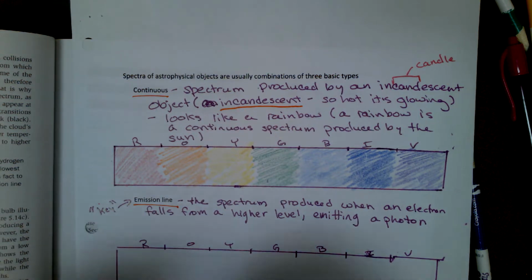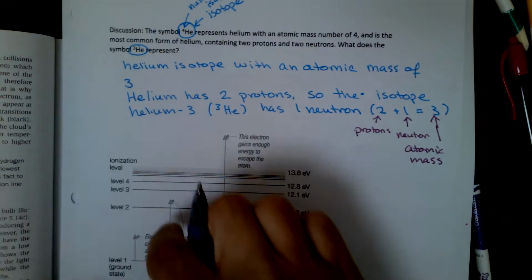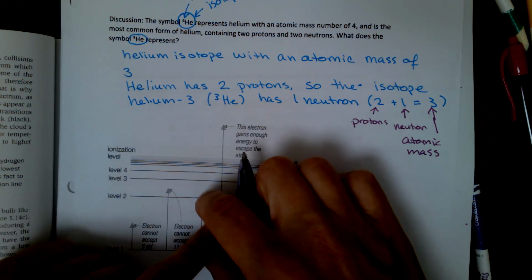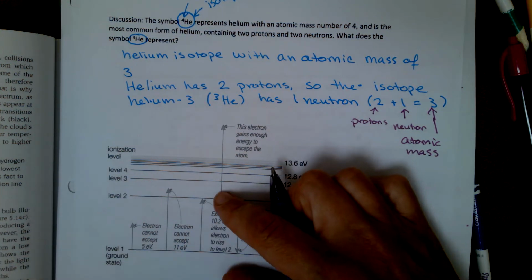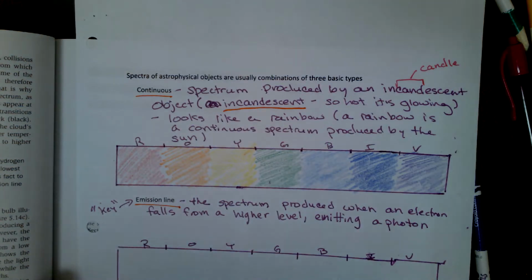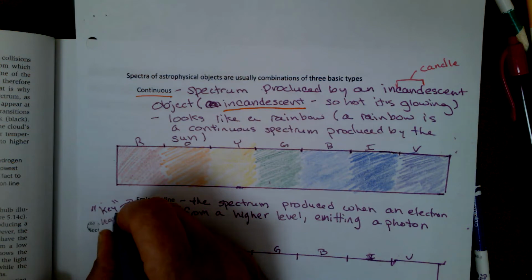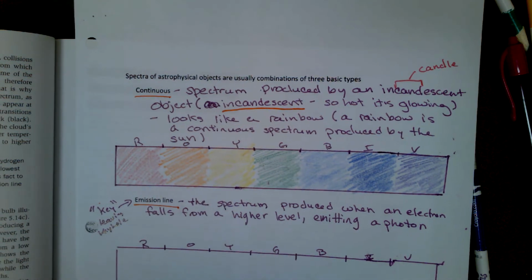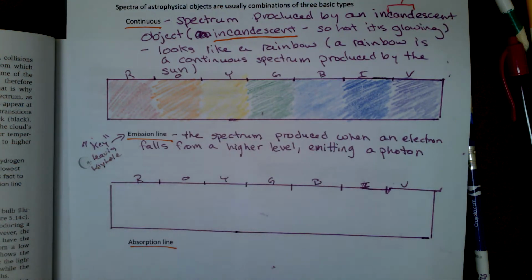So these are the energy packages being released, exactly 10.2 electron volts, when this electron falls from here to here. So this is the key leaving the keyhole. So basically that energy leaving that keyhole.